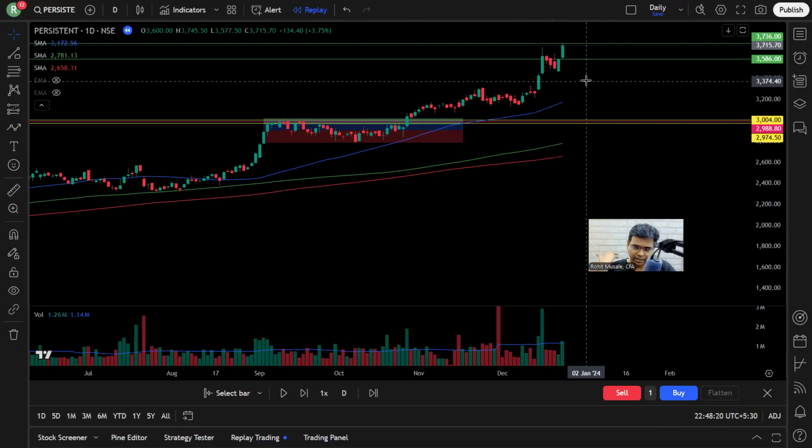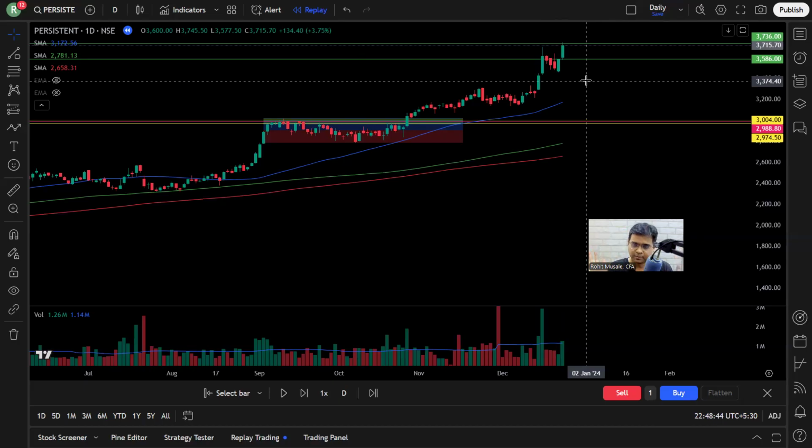Now, I have made a lot of assumptions before I made the video. We may have to go back and check what the actual fundamentals were at that time. But this is to illustrate how to draw the base, how to mark the buying range, how to mark the selling range, how to capture that buying time window and the proper selling window, because the stock gives you enough time to buy and enough time to sell.